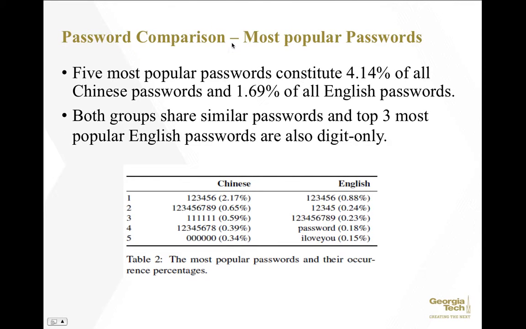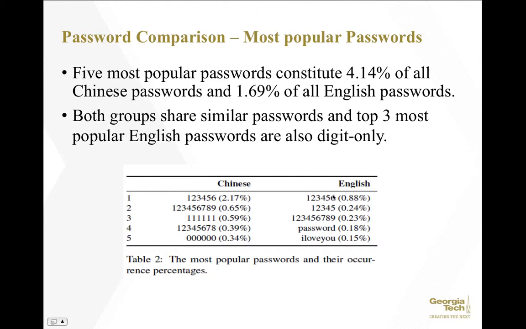The first comparison is the most popular passwords. The 5 most popular passwords constitute 4.14% of all Chinese passwords and 1.69% of all English passwords. From this Table 2, we can see the top 5 Chinese passwords are all digits only.